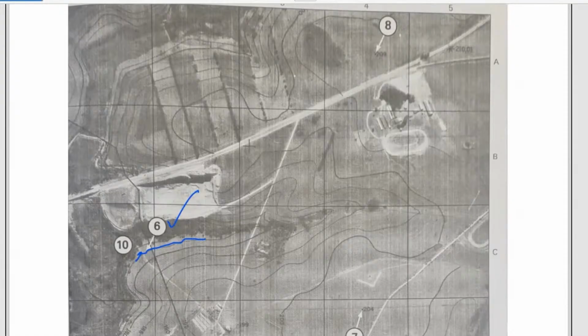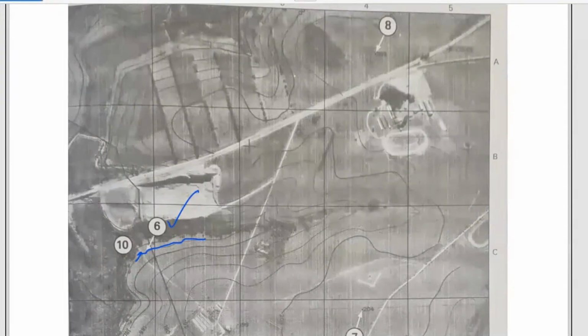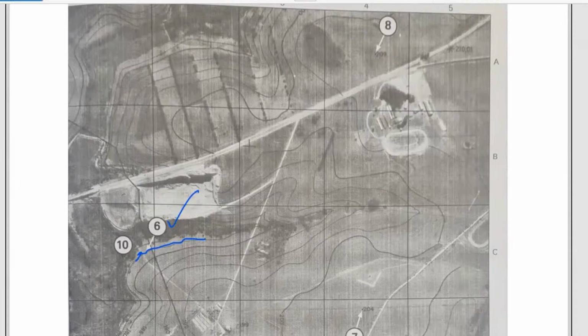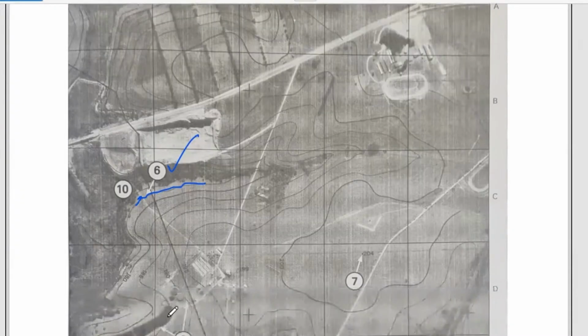Right. So if we are to check and justify how we get the height of that particular place on 6, we need to check on the labeled contour lines. The labels are here.